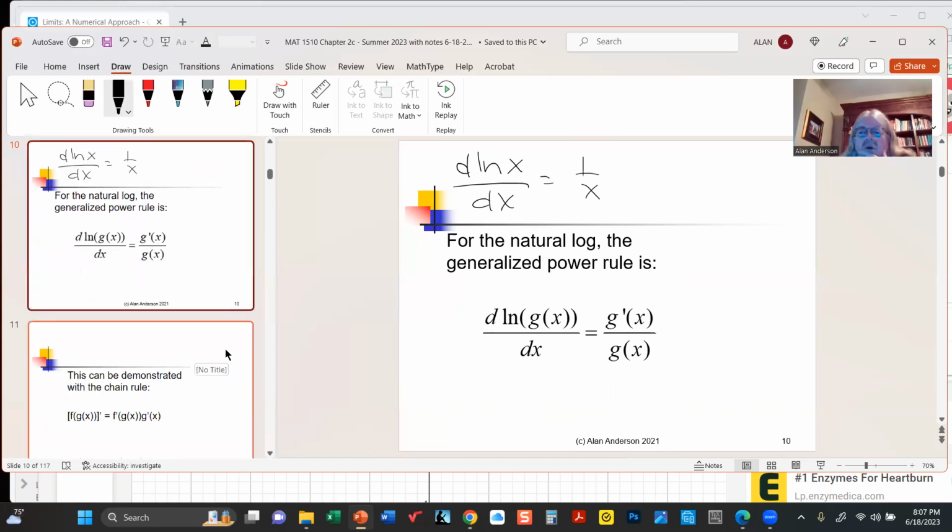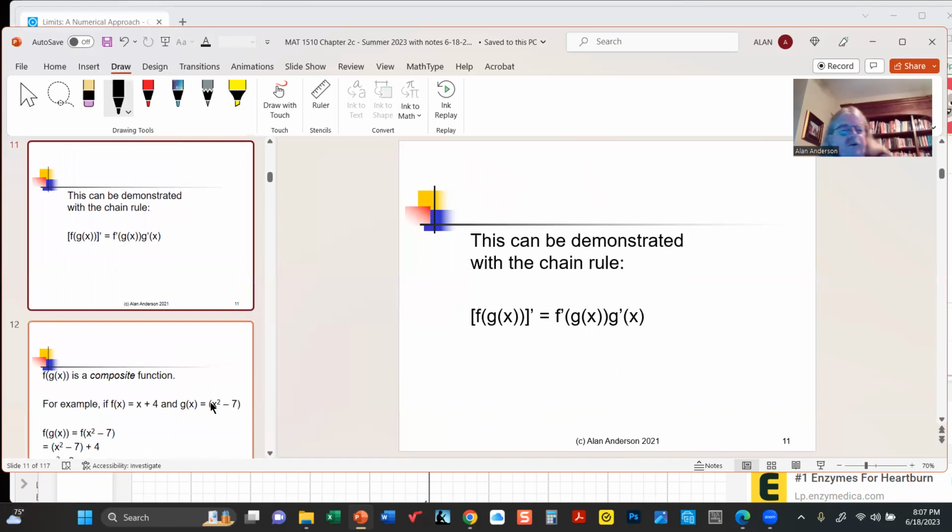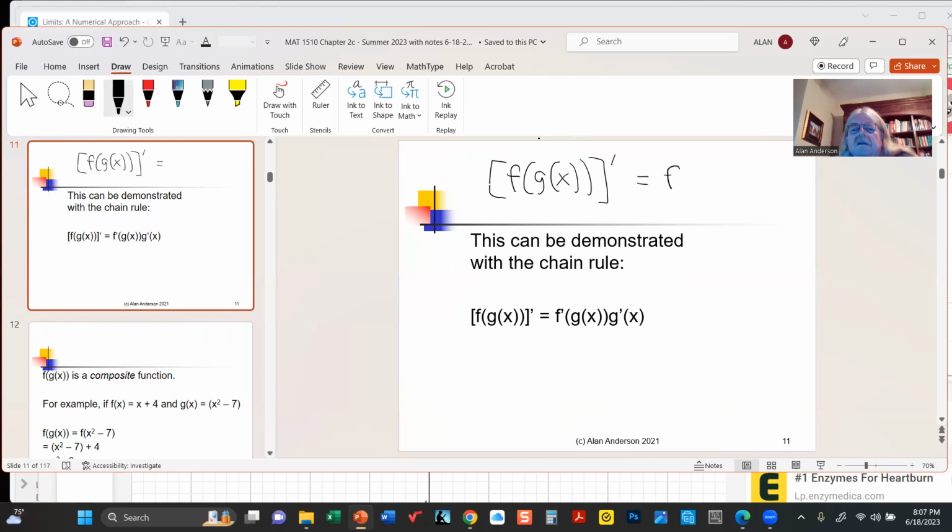Now, what we're going to do is have a quick review of the chain rule and see why this is true. First things first, you might recall that the chain rule tells us that if you have something like this, f of g of x, the derivative, which we can write as a prime, by the way, you could use d notation too, gives us this result.